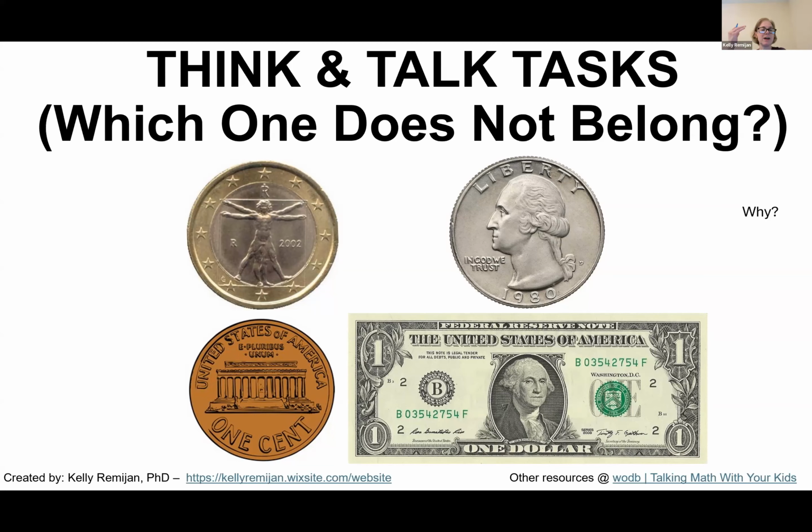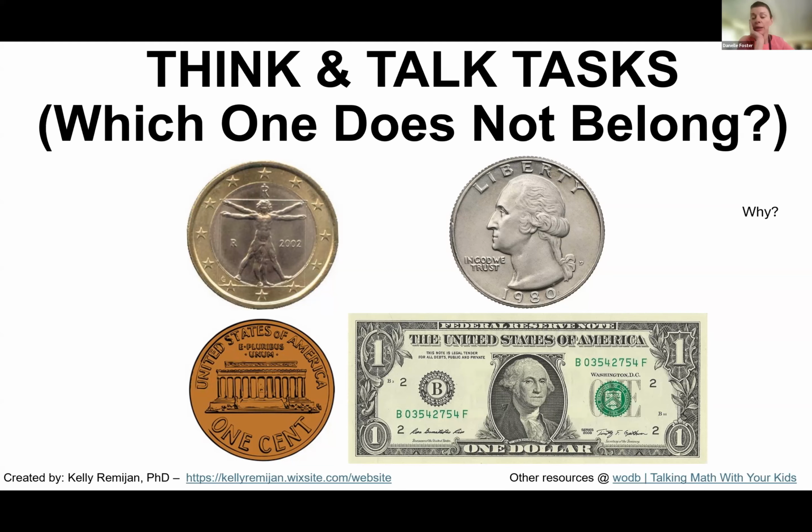And then the question would be, I wonder what kind of currency that is. You obviously know that that's not American currency. Would you happen to know what currency that is? No, I do not. Okay, that's great. Anyone else with a different thought or a different reasoning as to why the top left does not belong? Other thoughts?